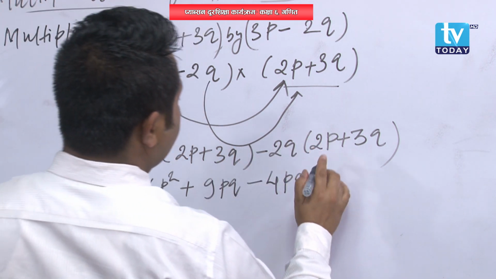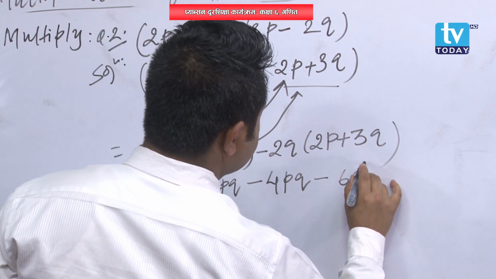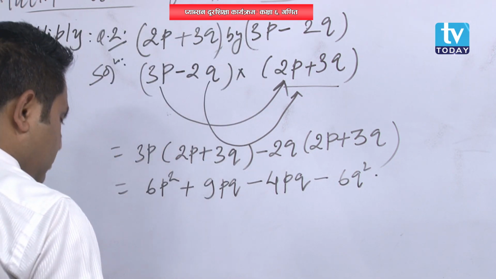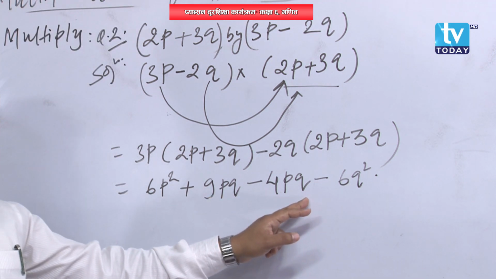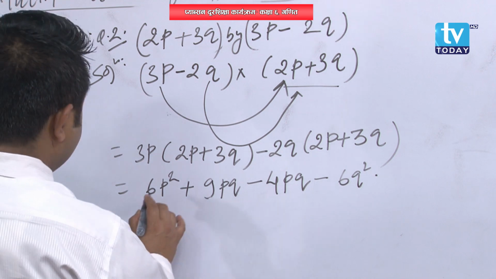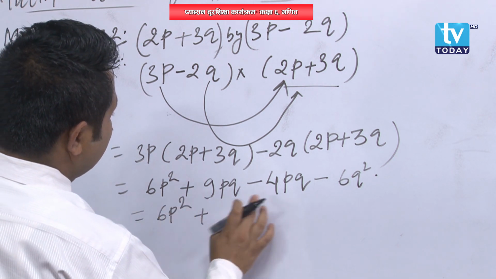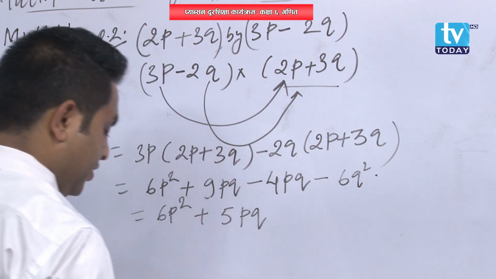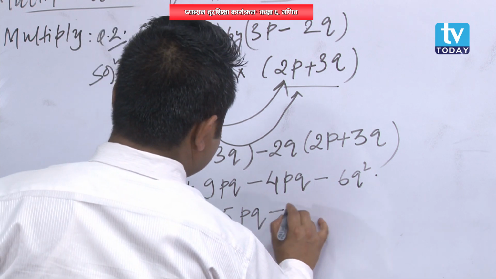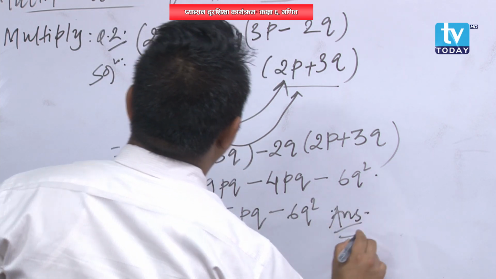Minus into plus, minus 2 threes are 6, 6q square. Now pq again there are like terms, so you can write here 6p square plus 9 minus 4, 5pq minus 6q square. This is the answer.